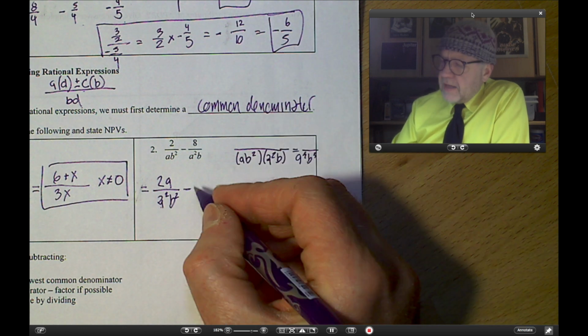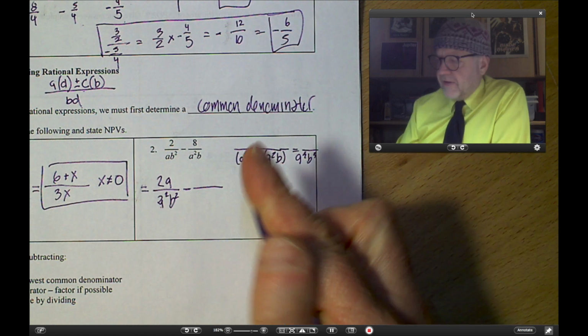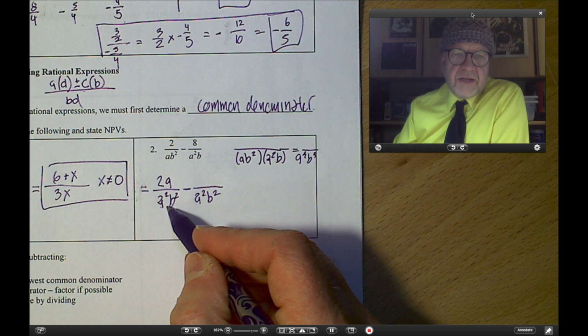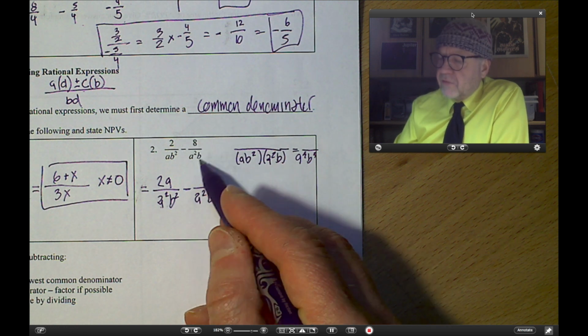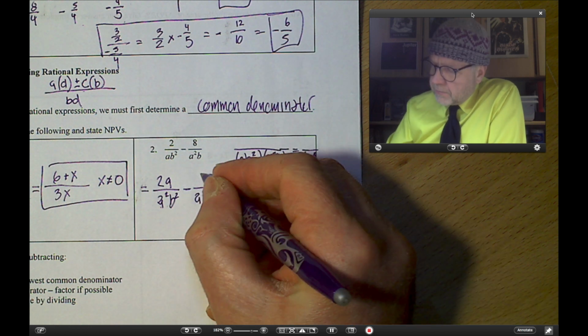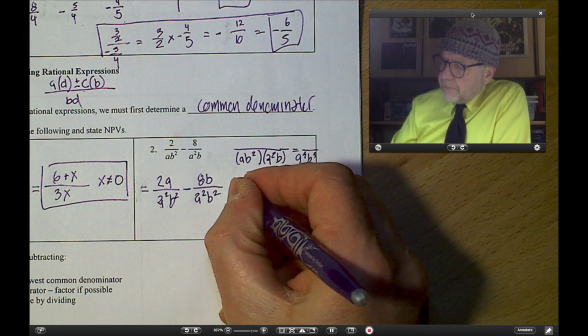Minus, and you're going to ask yourself the same question. The lowest common denominator, well, we're bringing it down. We know we're coming down to a squared b squared because it has to match this denominator. And so what did I have to multiply this whole term by to get it to a squared b squared? Well, I had to multiply it by b, just like that. All right. Well, let's keep going here.